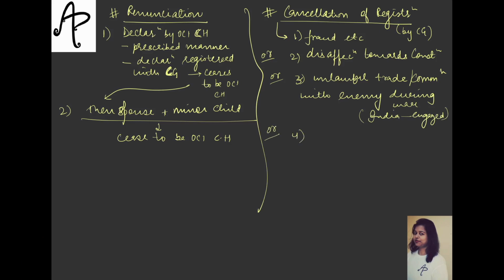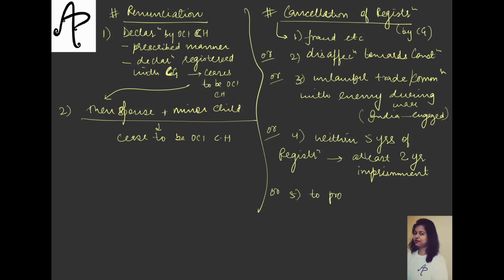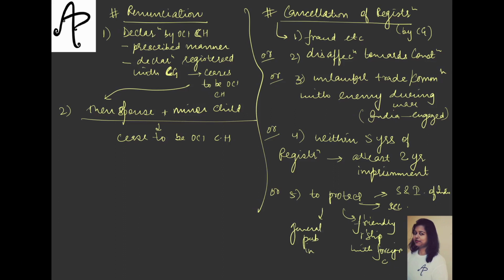ठीक है. और within 5 years of your registration, at least 2 years imprisonment जो है वो आपको उसका सामना करना पड़ा हो. ठीक है. और if the government feels that to protect the sovereignty and integrity of India, they need to cancel your registration. सिक्योरिटी के लिए, सिक्योरिटी पर्पस के लिए, किसी तरह के friendly relations with any foreign country अगर उनको ज़रूरत लगे, whatever they feel suitable. अगर general public interest में it feels suitable that your registration needs to be cancelled, it could also be done.